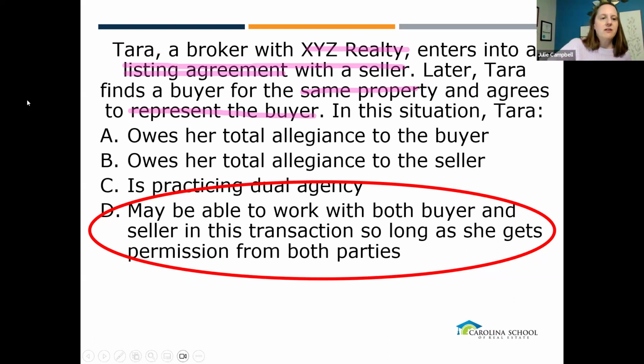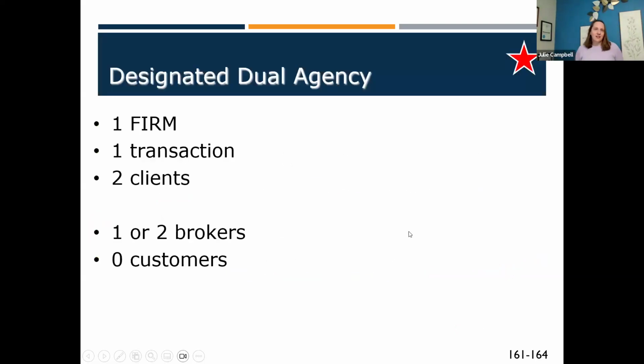As mentioned, I have a possible solution for dual agency. No guarantees, but I have a possible solution. And that possible solution is called designated dual agency. Understand this. Designated dual agency is a form of dual agency. It's one firm, one transaction, two clients.